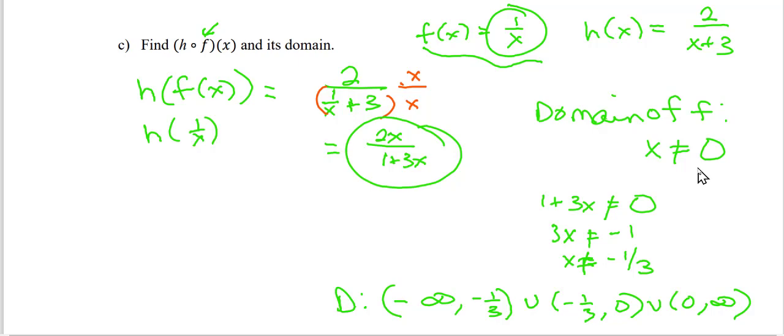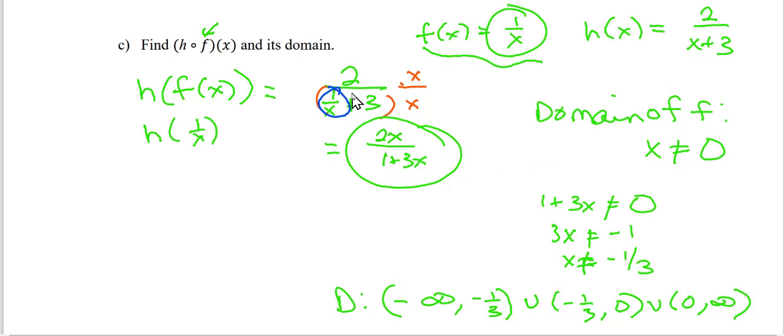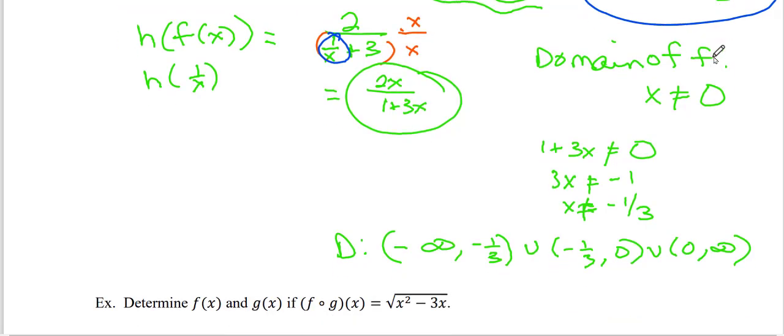But if x equals 0, you have a problem before the simplification right here, before we did any simplifying. You have to be able to plug it into that original function, the inside function. And if x equals negative 1/3, let's think about if you plugged negative 1/3 into f of x, you'd get negative 3. Plugging that negative 3 into this function gives you 0 in the denominator, and that's not okay. That's why we have to exclude those two.